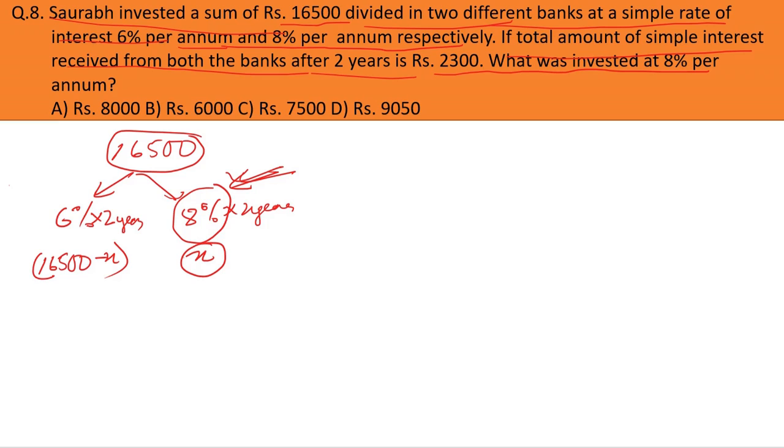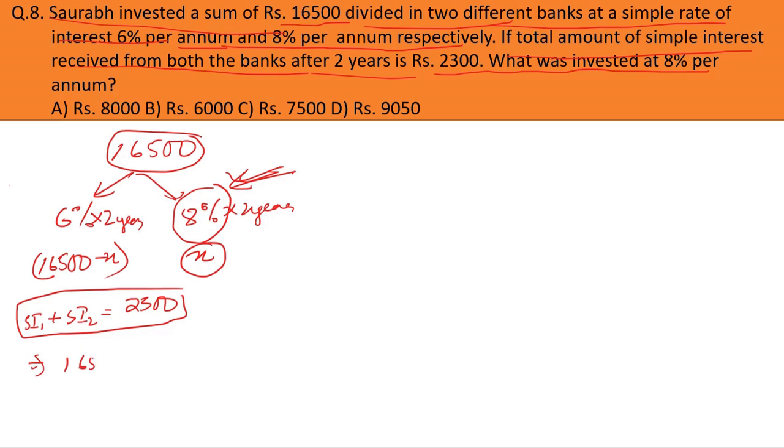So friends, let us start the calculation. The question is saying simple interest here plus simple interest here, let me say simple interest 1 plus simple interest 2 is rupees 2300. This is according to the question. So let us start solving.